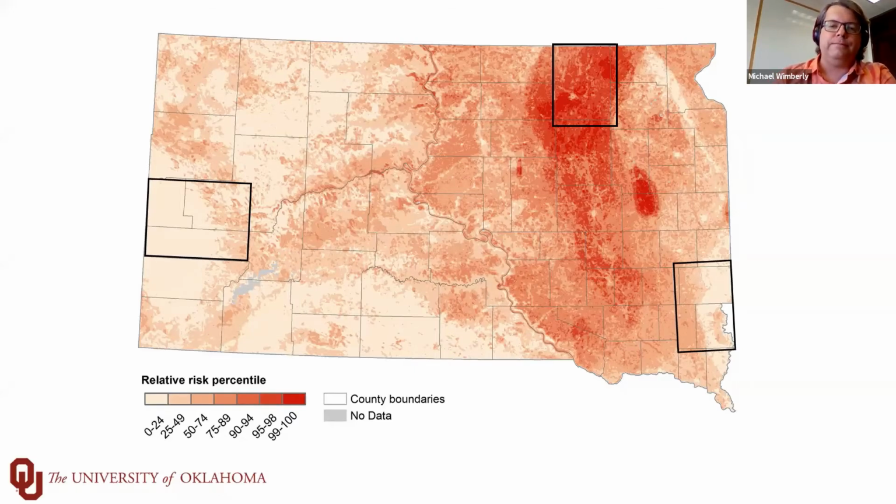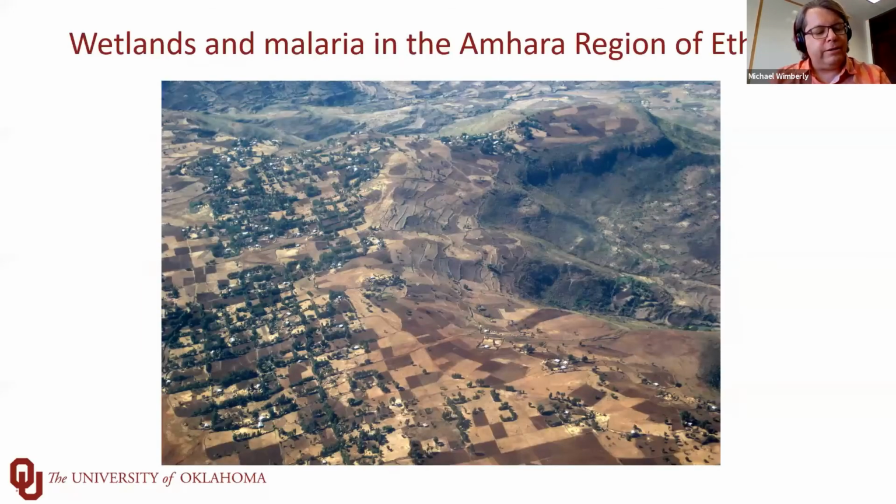All right, so let me move on now to the second vignette, and let's talk a little bit about wetlands and malaria in the Amhara region of Ethiopia. So this is an aerial photograph of the Amhara region, and it gives you, I think, a lot of the main features of this region.